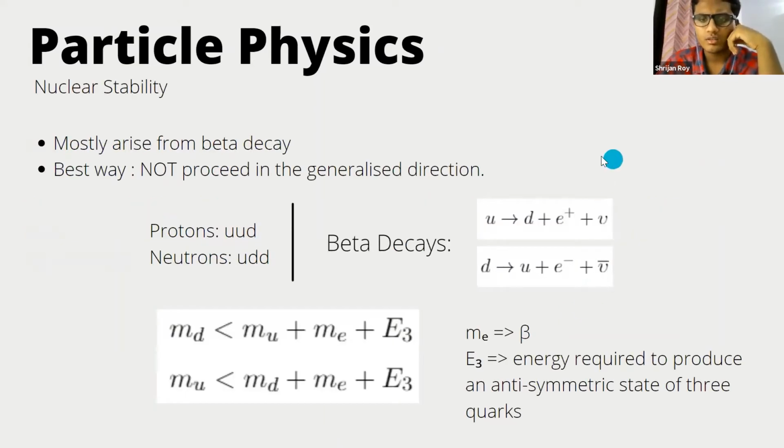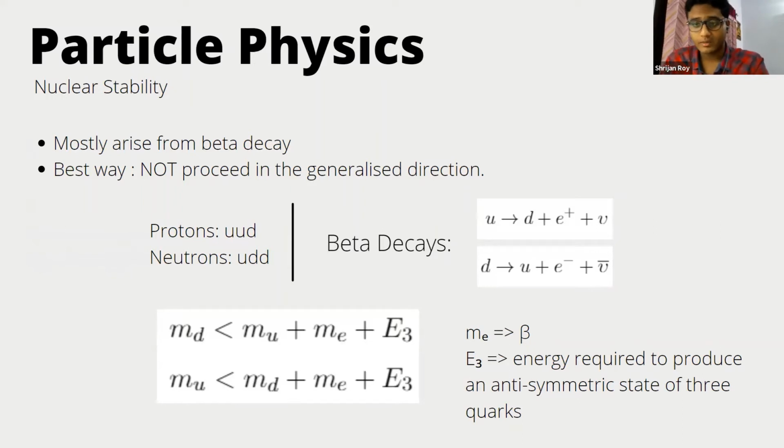So let's go about the first section of particle physics. We go about nuclear stability. When we talk about nuclear stability, we first argue in terms of quarks, and then go to protons and neutrons.